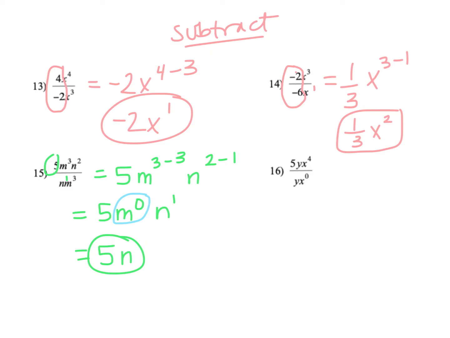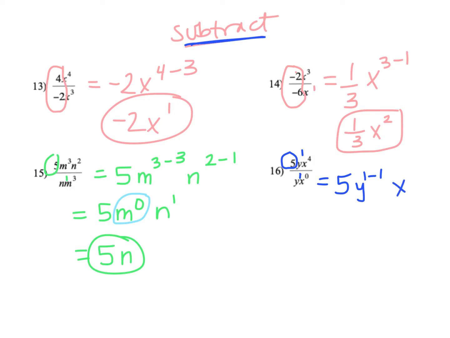Okay, and the last one in this set, let's see, we have just a singular 5 there. It doesn't match up with anything else, so I just keep my 5. The y's don't have exponents, so we learned that if there isn't an exponent, that's an invisible 1. So my rule is when I'm dividing and the bases are the same, I'm going to keep the base and subtract the exponents.